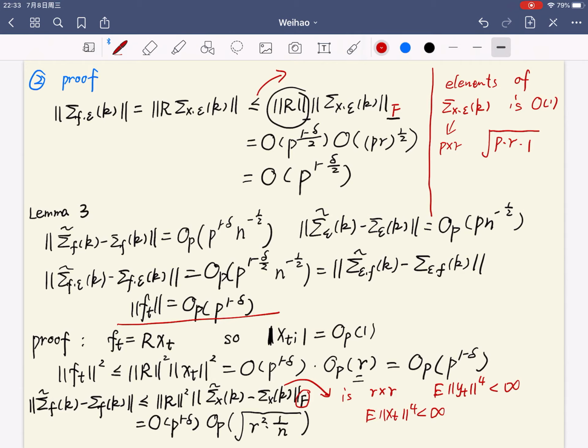Then applying the standard parametric rate, which is similar to this one, we know that for each entry we have rate of convergence 1 over square root n, and we have r squared total entries. So we got this rate.